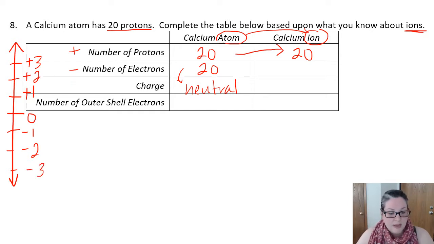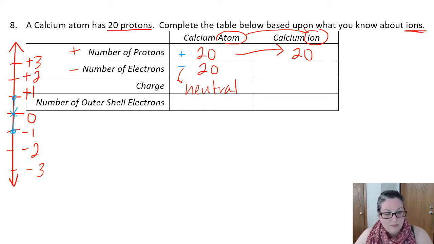If you have a -1, I'm going to do this in a different color. If you have a -1 and you add 1, you end up with 0. If you have a +1 and you take away 1, you end up with 0. So we have 20 positives and 20 negatives, and that gives us a neutral charge.